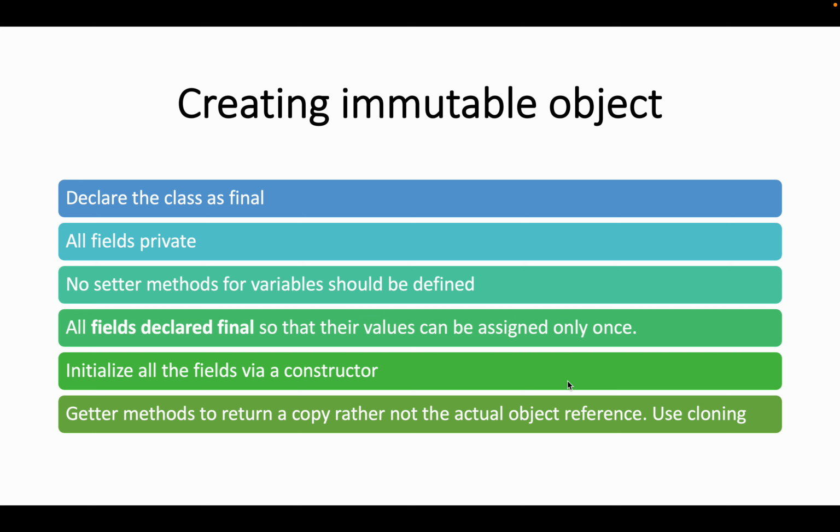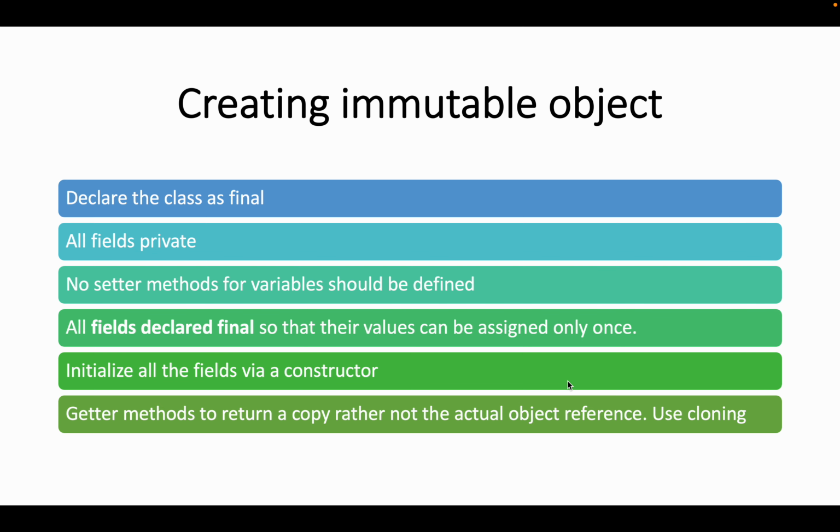All the fields are private. You do not have setter methods for variables. No setters should be defined. And then all fields declared final, so that their values can be assigned only once. That means you are preventing reassignment.